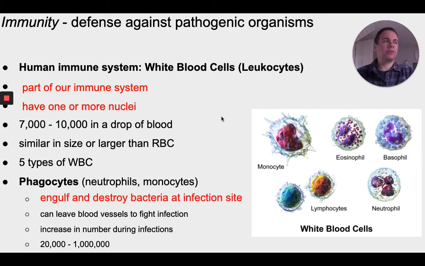These are the types of cells that can find a pathogen, engulf, and destroy it at the site of infection. Okay. They can leave our blood cells and go into other tissue of the body to fight those pathogens. And when we have an active infection by a pathogen, the number of these phagocytes will increase drastically. It can go from 20,000 in a drop of blood to 1,000,000, preparing to fight off this pathogen.